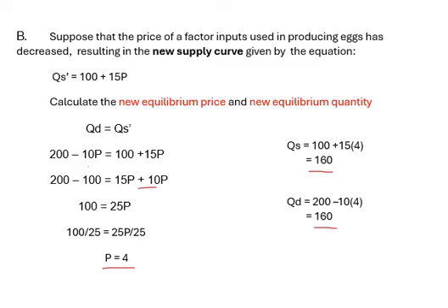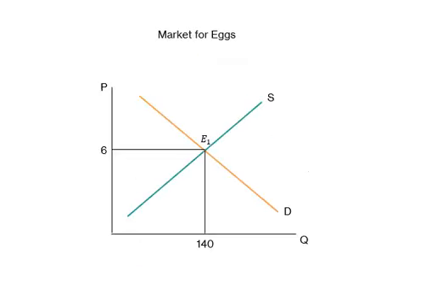Plotting it into our demand and supply graph, we get a market clearing price of 6 and quantity of 140. That was the first one.